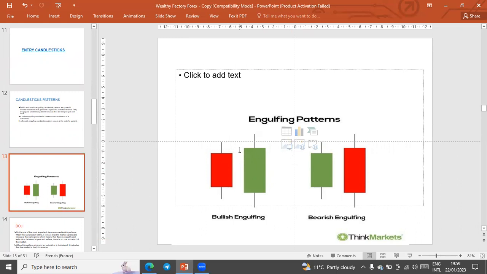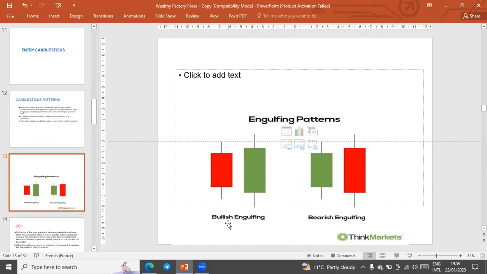If you see an engulfing pattern like this one, like this one, you're going to get used to these patterns as we continue with our videos. So make sure that you stick around so that you can understand what we are talking about with these candlesticks.